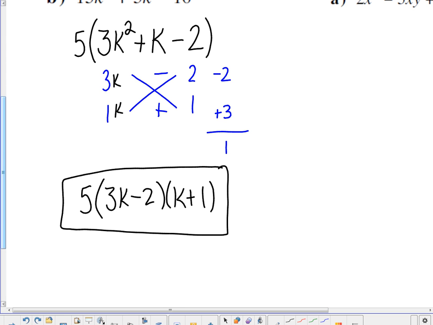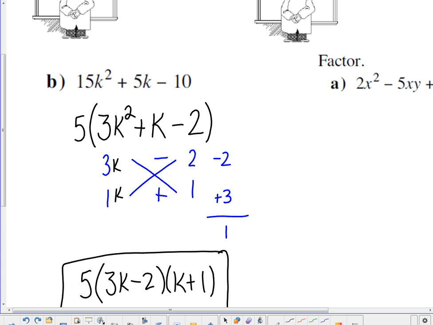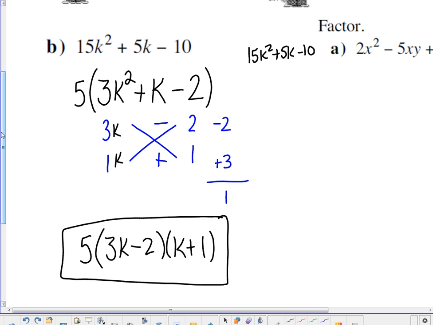No? Okay, I want to show you something, guys. If you forgot to GCF, let's say you forgot to GCF, okay? If you did forget to GCF, you could still factor it. So you could do like 6 and, oh, not 6.